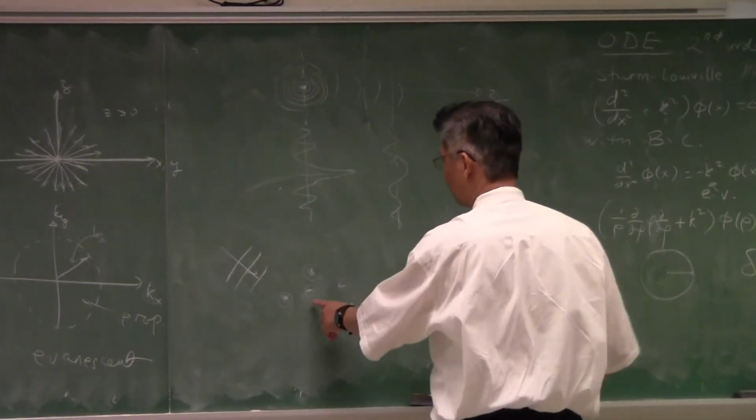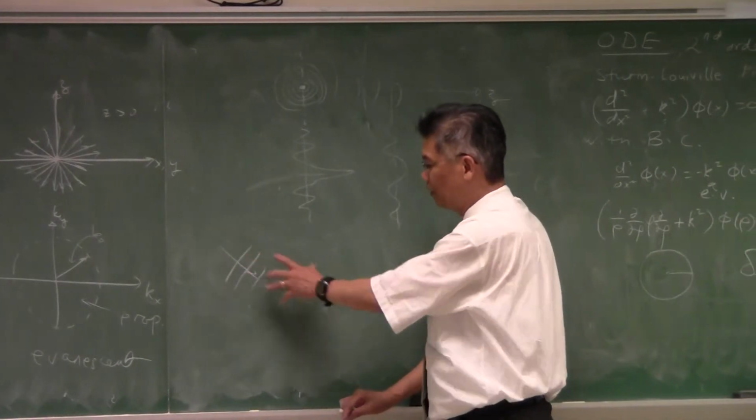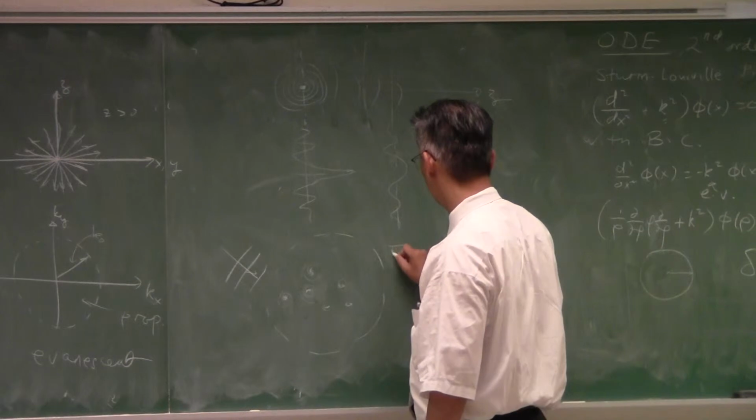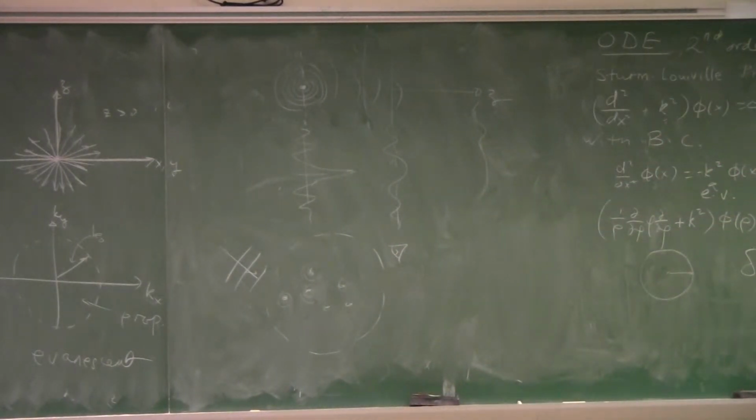And they will produce both propagating and evanescent waves. But the evanescent wave, if you're outside and at a small distance away, you will not see the evanescent wave. You will only see the propagating wave. In other words, you only see the low frequency component of the scattered field. You will not see the high frequency component of the scattered field. Does everybody get that? Okay, there's one more very important physics.